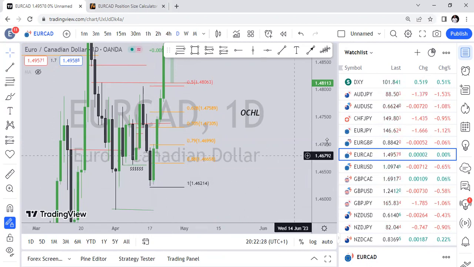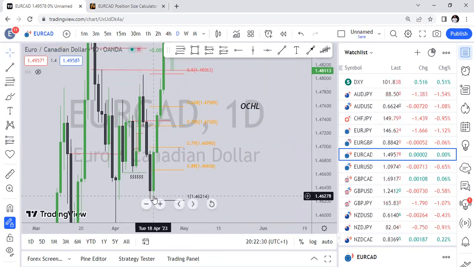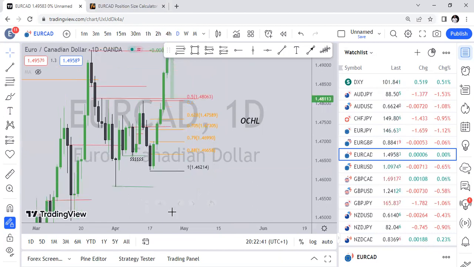But then this was the lowest point it got to. This was the highest point it got to, but this was where it closed. So now look, if price opened here and closed at the top here and made a high, it simply tells you that the market was bullish on that particular day that we are looking at.